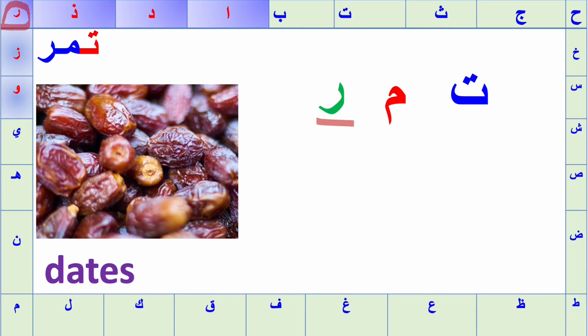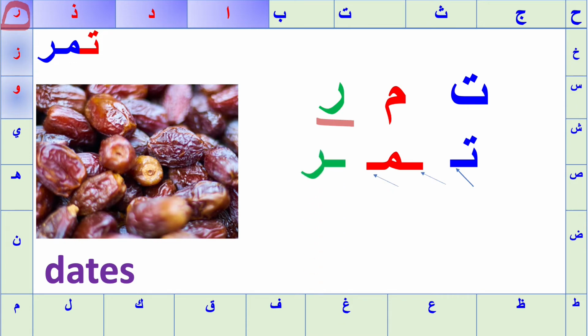Now these are the individualized letters. These are the letters before the connection takes place. Here is the shape of the initial ta with the extension to connect with the following letter, al-mim. And here is al-mim extended to the right and to the left so that it can connect with the preceding ta and the following ra. And here are the extensions.